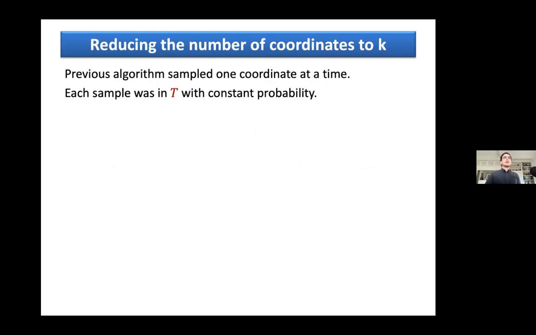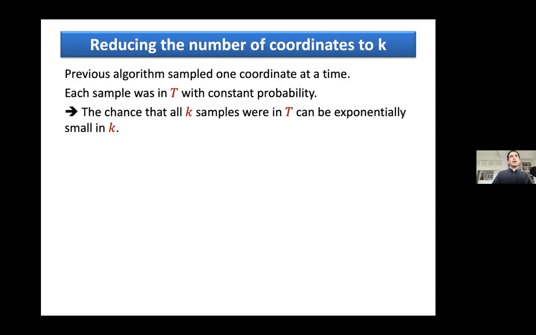Okay, so the main bottleneck in the previous argument was the following. Every time we sampled one coordinate, with constant probability this coordinate was in T, right? So after order k coordinates, by Chernoff, we cover T. But what if we don't want to get any coordinate outside T? What would be the probability that this happens? Well, the chance that all these k samples would fall inside T can be exponentially small in k, right?